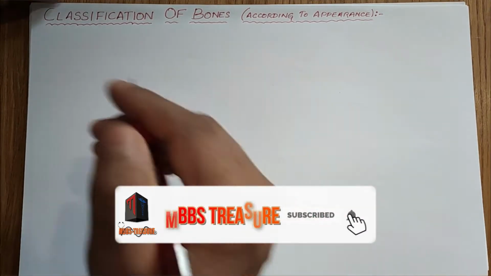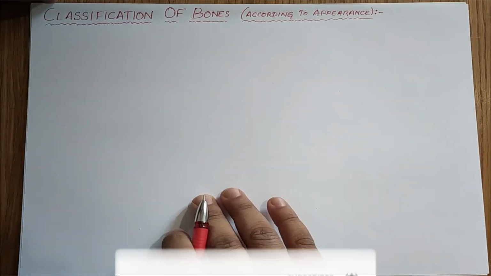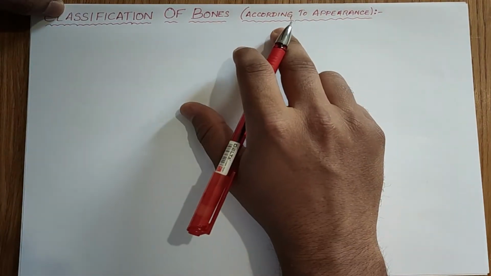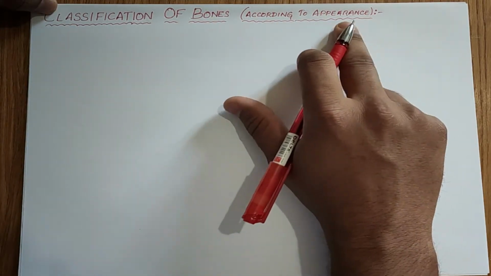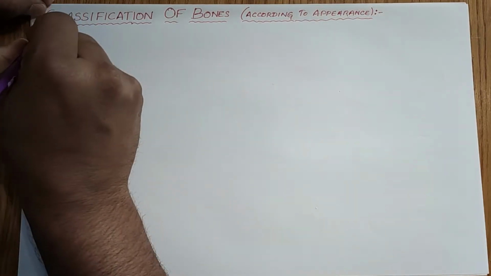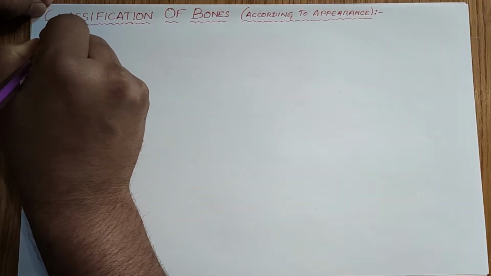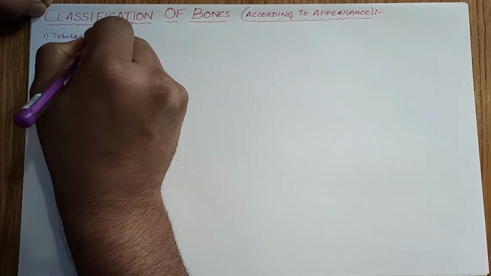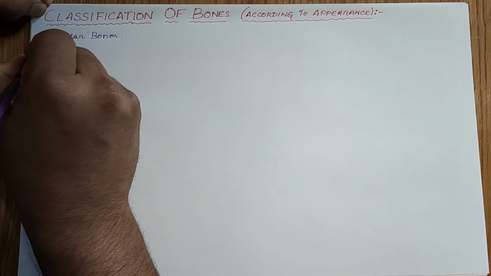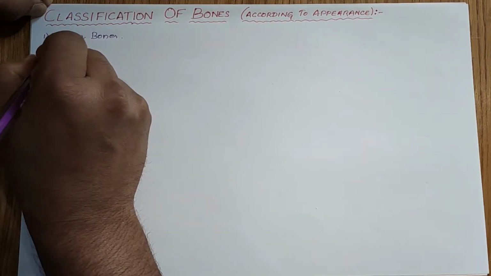Today we are going to read about the classification of bones, which is based on their appearance. So what are the classifications of bones? First is tubular bone. Second is spongy bones.